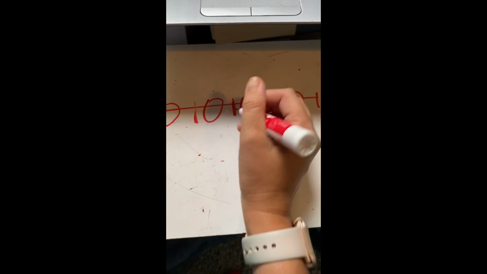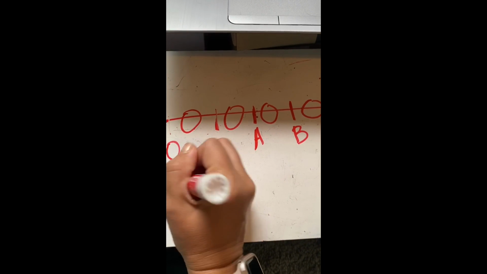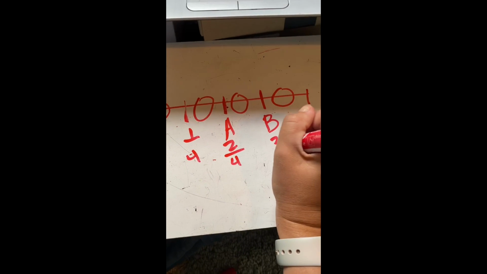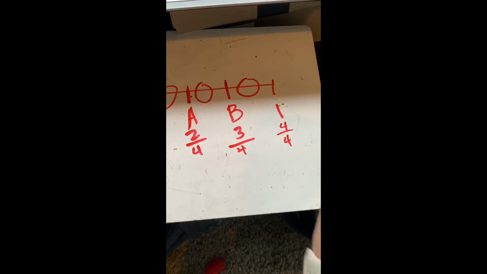Now, this one is labeled A, this one's labeled B. I'm going to label this. This is 0 fourths, 1 fourth, 2 fourths, 3 fourths, oops, my board's sliding, and 4 fourths, or 1 whole.